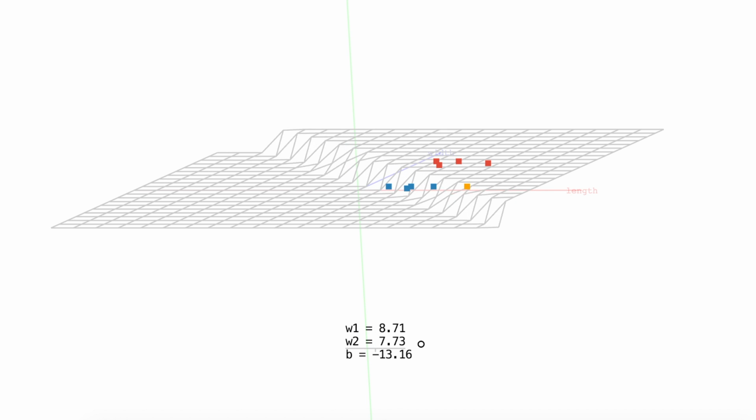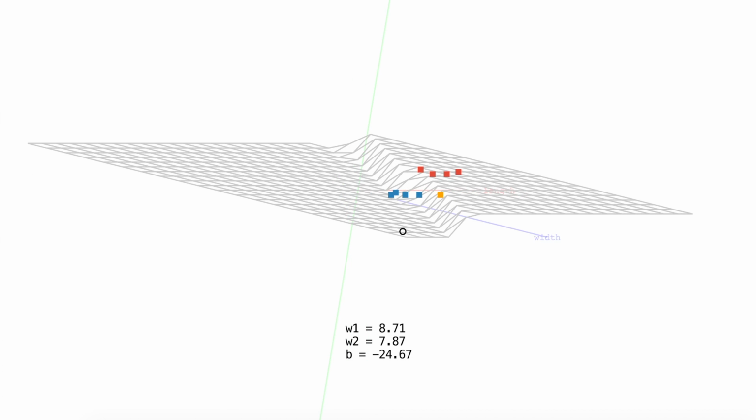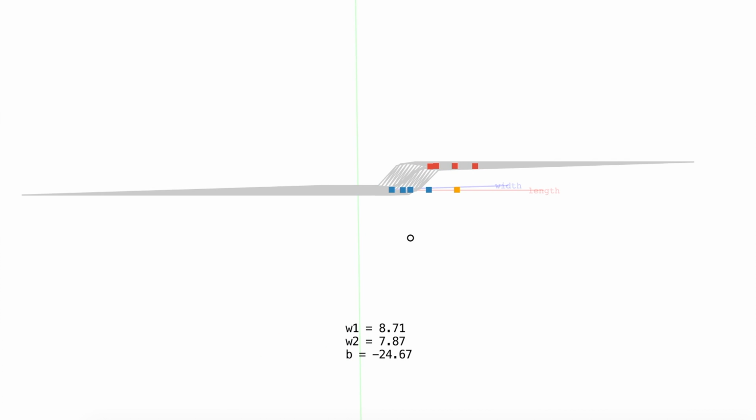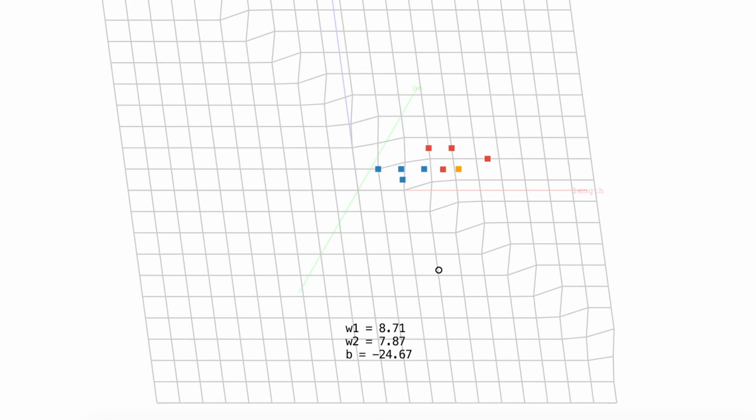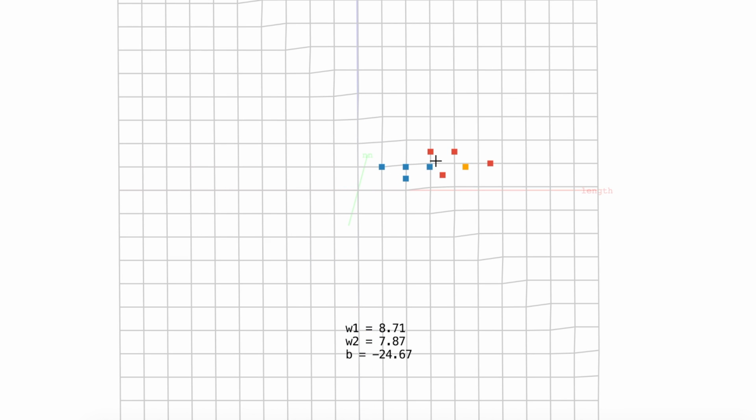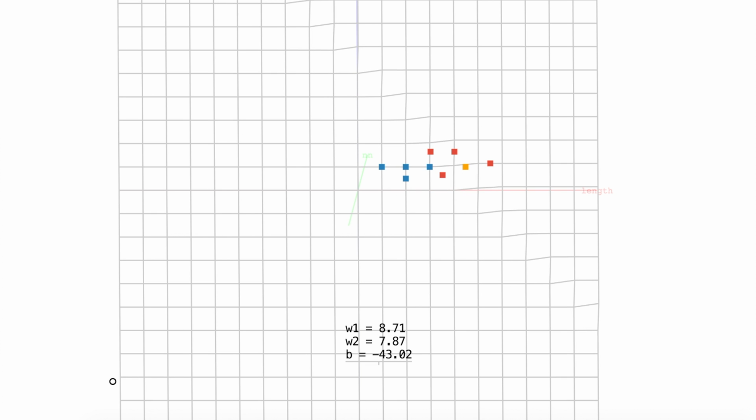My plane is losing resolution now. That's okay. Let's see how that looks. That looks okay. It's just this blue point here, so we need to shift the plane further.